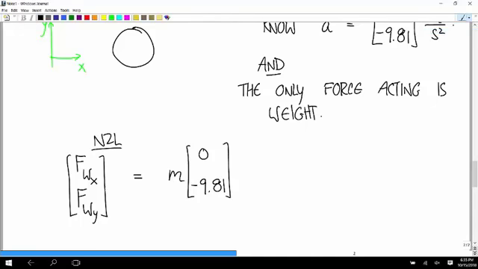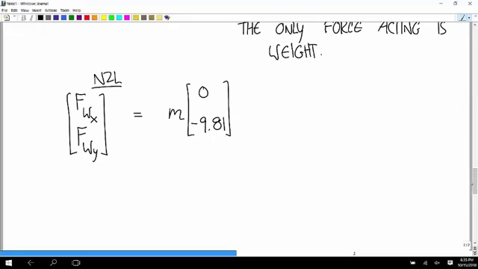And now we can break this up into two separate equations. The x and y equations: what's happening in the x component doesn't have any effect on what happens in the y component and vice versa. So I'll break this up into an x component equation that says F sub W x component is equal to 0 times m. So that's 0.